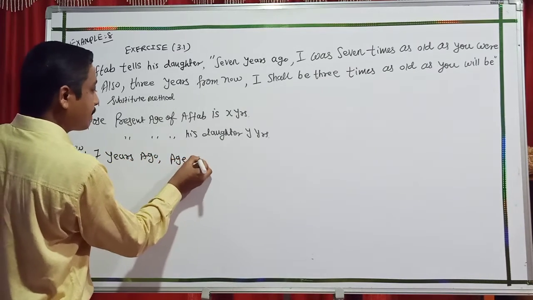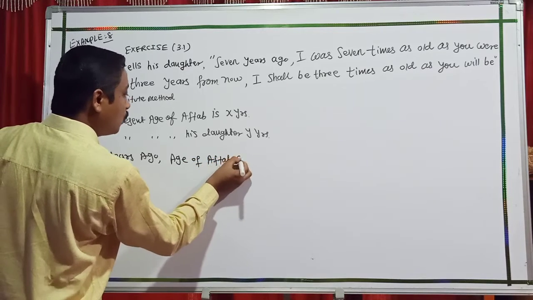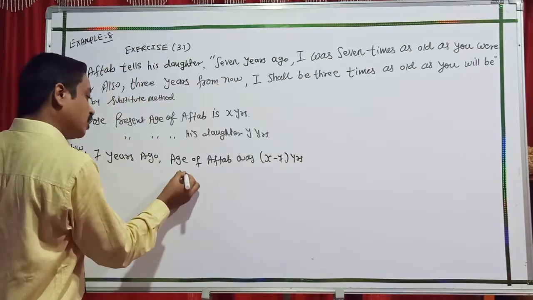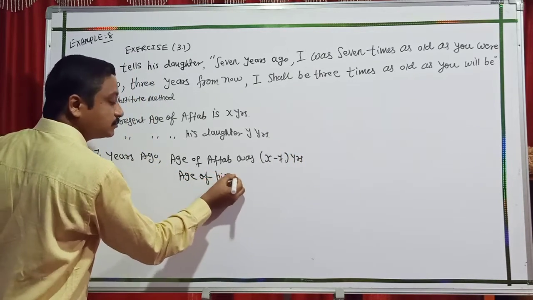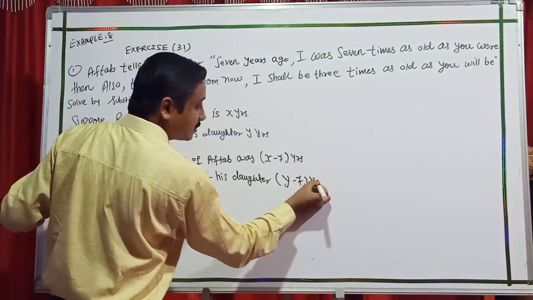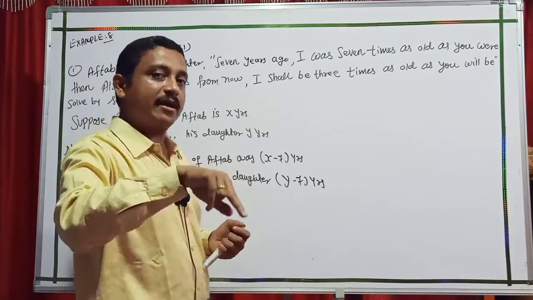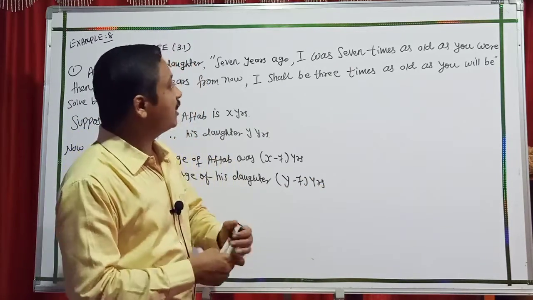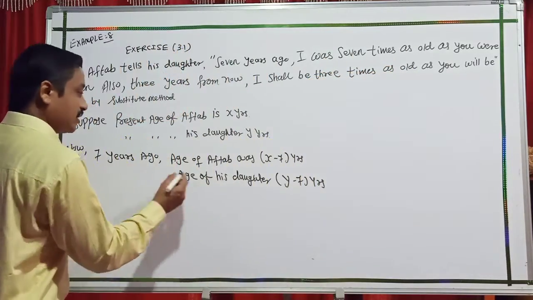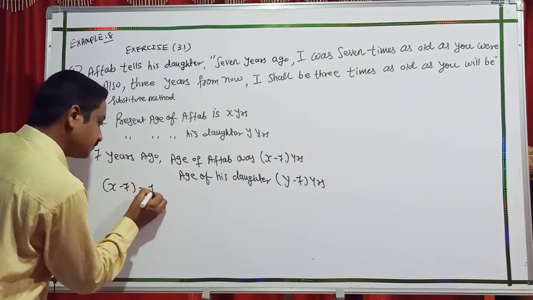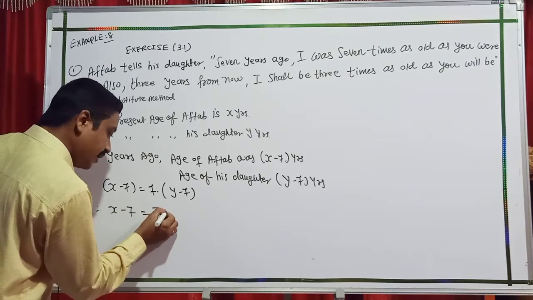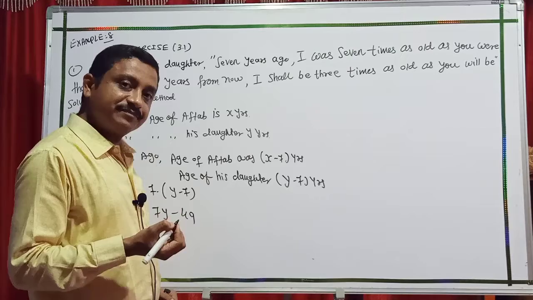The age of Aftab was x minus 7 years, and the age of his daughter was y minus 7 years, because 7 years back the values are smaller. Now, I was 7 times the age of his daughter, so x minus 7 is 7 times y minus 7. So finally, 7 sevens are 49.